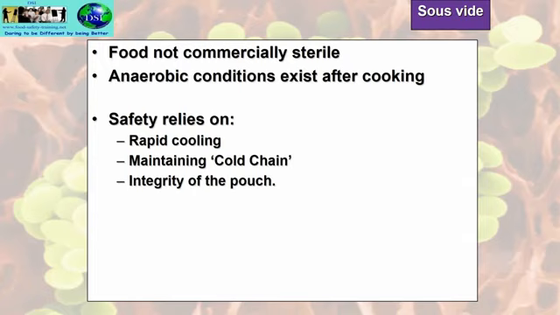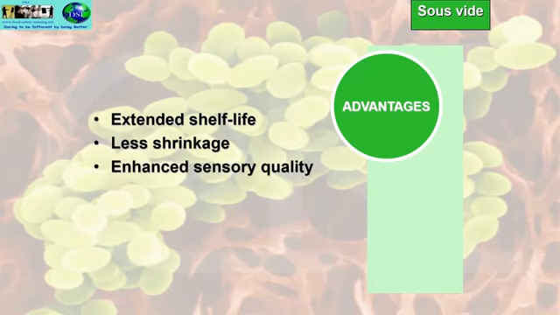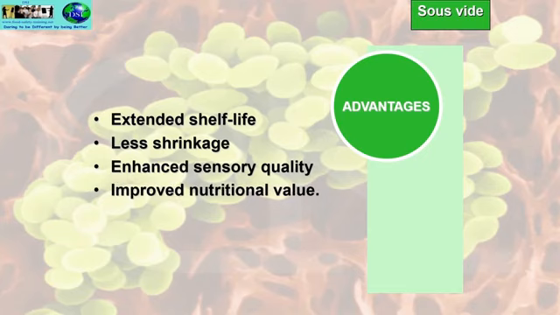The safety with sous vide relies on rapid cooling, maintaining a cold chain, and the integrity of the pouch. Advantages: there's an extended shelf life, less shrinkage, enhanced sensory quality, improved nutritional value.